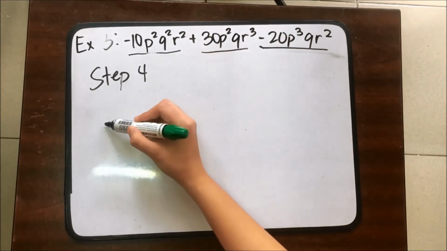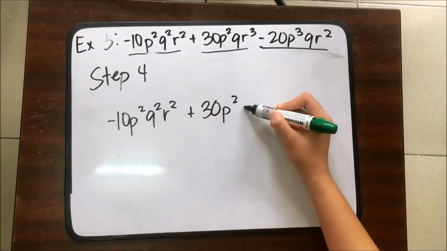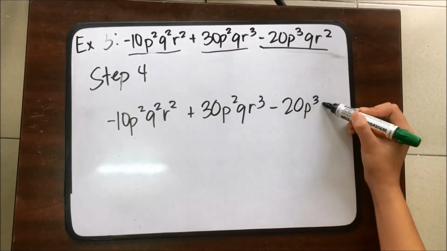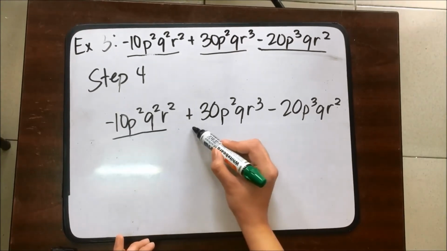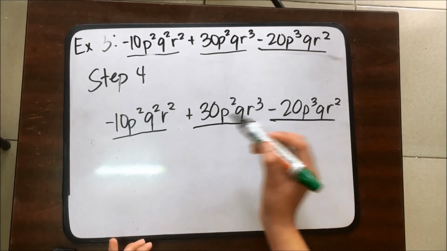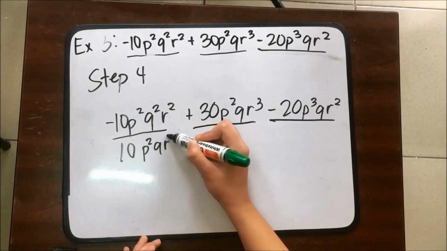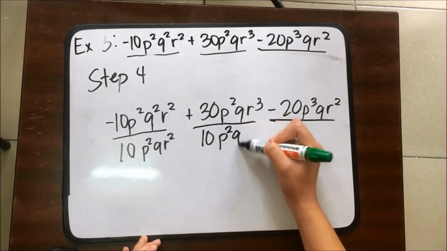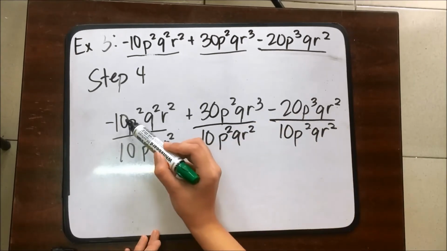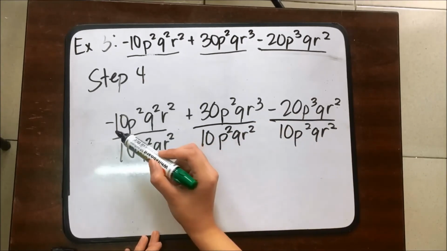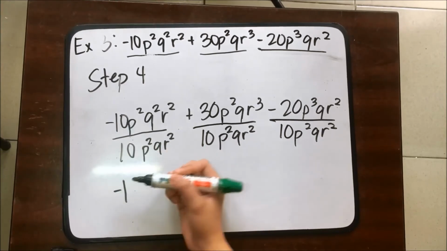For step number 4, we will divide every term in the polynomial by their GCF. So their GCF is 10 p squared q r squared. We will divide the coefficients and the variables separately. So negative 10 divided by 10 is equal to negative 1.